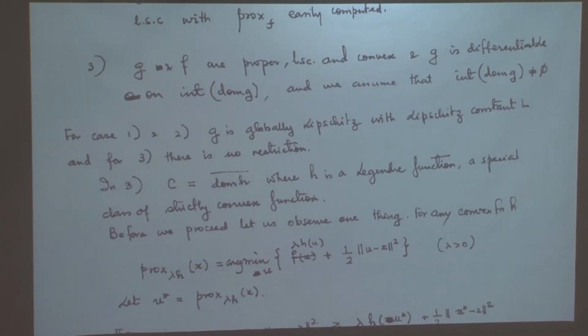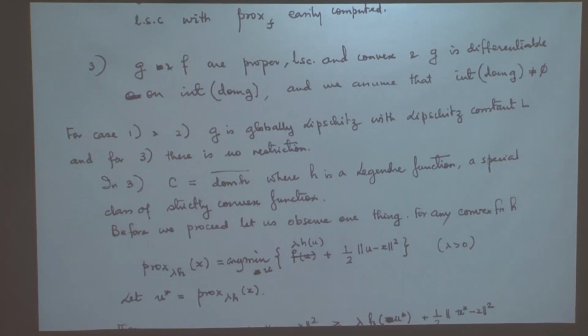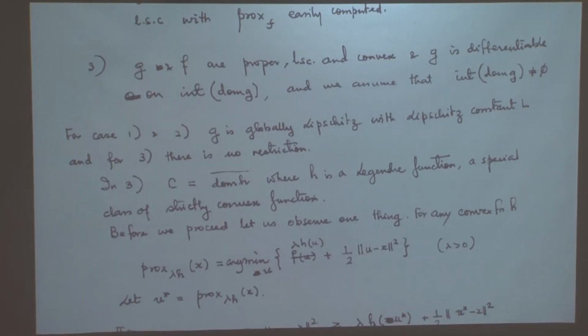An example would be this: if you take g of x to be half x transpose M x plus q transpose x, a quadratic function, then the gradient of g of x is Mx plus q.